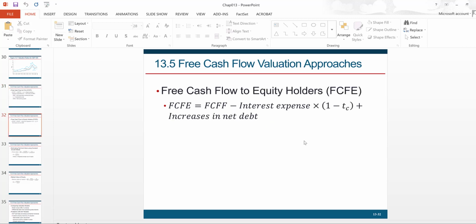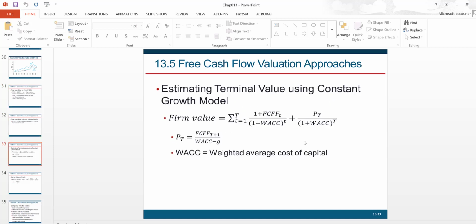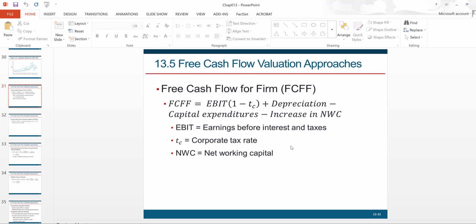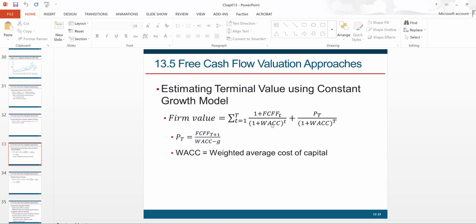So what is the discount rate that is used in this case? Well, this is the free cash flow for the entire firm. So the discount rate that is used is WACC, weighted average cost of capital. This is not the cost of equity. It is basically the cost of equity and cost of debt, both included in here, using appropriate capital structure weights.